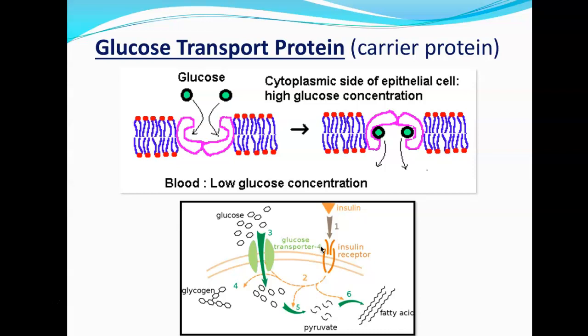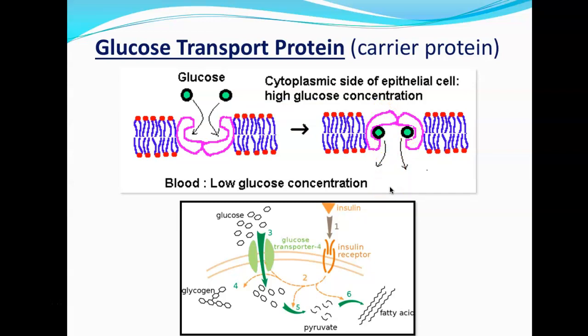And it will require a conformational change. So if you look right here, glucose is binding to a carrier protein. Once glucose binds to it, the carrier protein changes shape and then will spit glucose onto the inside of the cell. So that's the only difference.